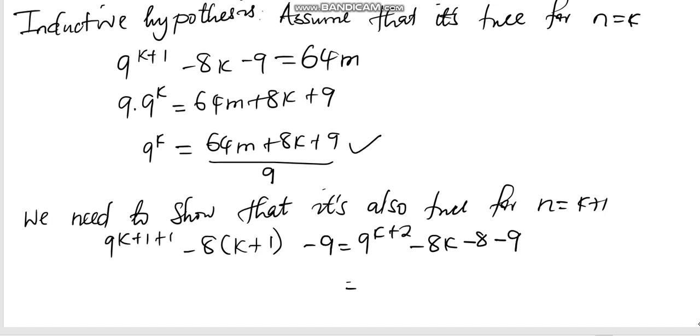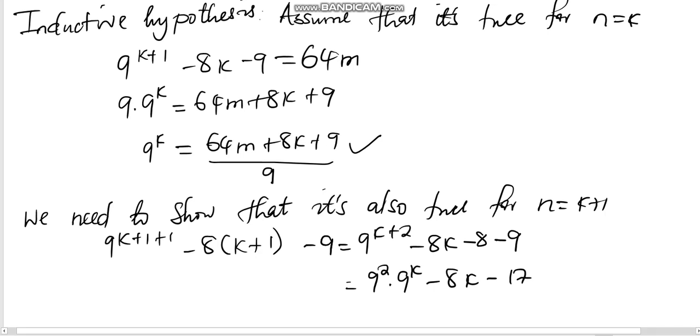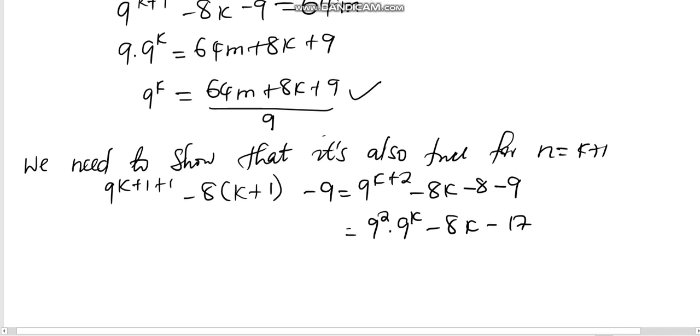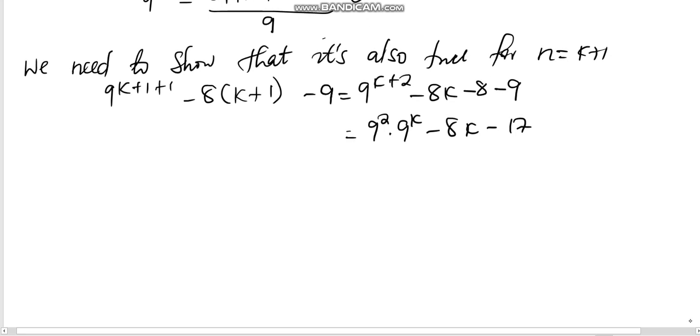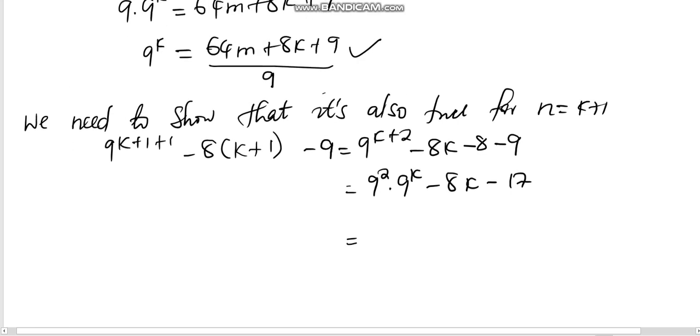So this is the same as 9 to the power 2 multiplied by 9 to the power k minus 8k minus 17. So let me just scroll down a bit. Where there's 9 to the power k, we substitute with this expression that we have here.